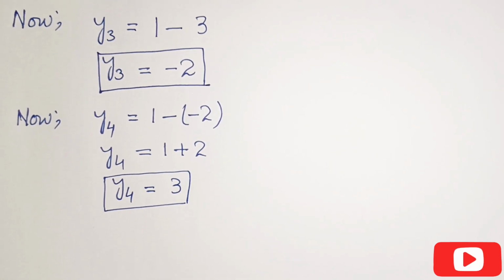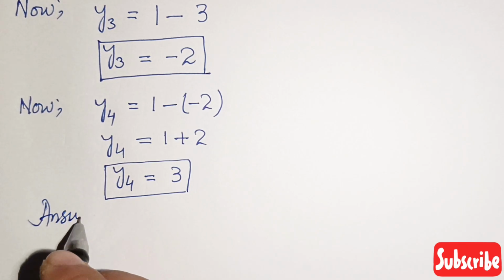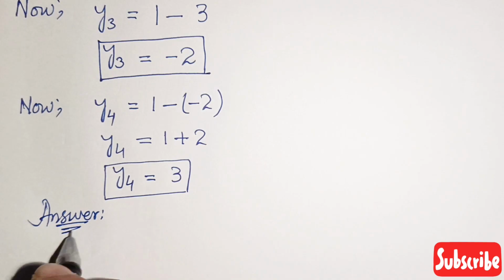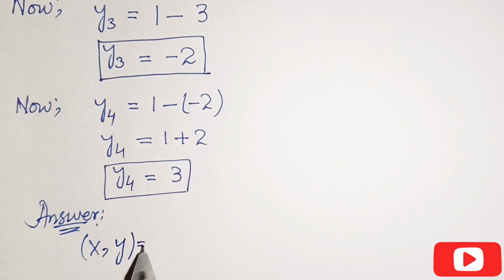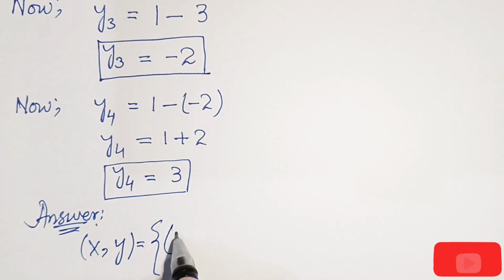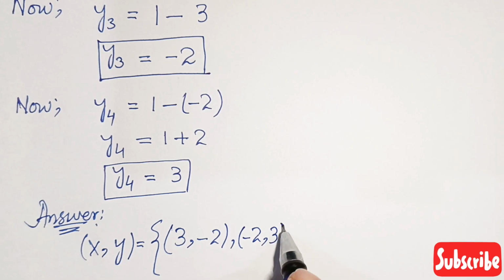Now our final answer will be, we have 4 pairs of values of x and y. If we write the real numbers first, our first pair is 3, minus 2, the second pair is minus 2, 3.